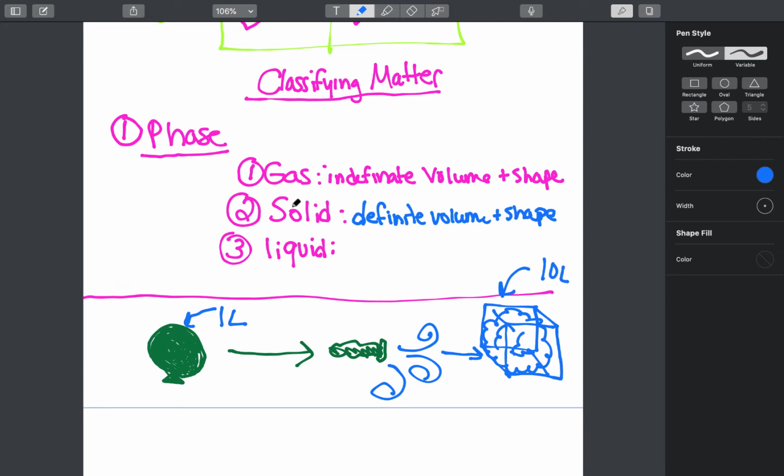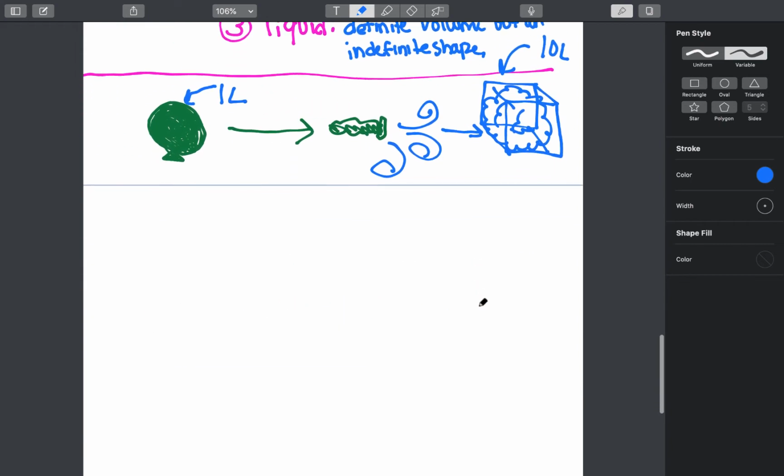Now liquids are sort of the intermediate between these two extremes. They have a definite volume but an indefinite shape. So let's draw a picture of this as well.